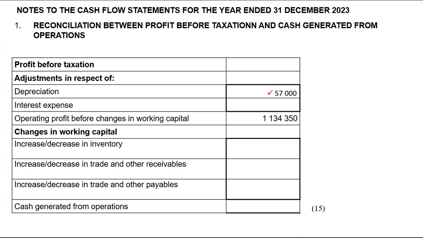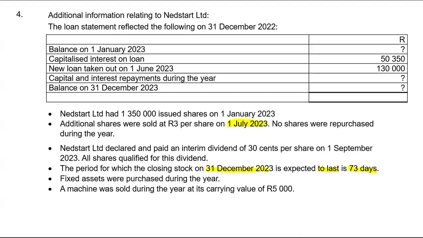What about interest expense? The only loan that they gave us is this one here. So I'm just going to manipulate that, which is: the loan statement reflected the following on the 31st of December 2023. And they gave me the balances of the loan at the beginning of the year and the end of the year.